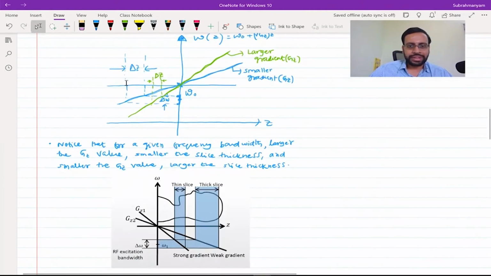Maybe this is one way I have drawn it. All I did is take omega here, with plus or minus delta omega by 2. You just draw lines here and see the corresponding values of Z that lie within this tolerance of plus or minus delta omega by 2 for this omega value.